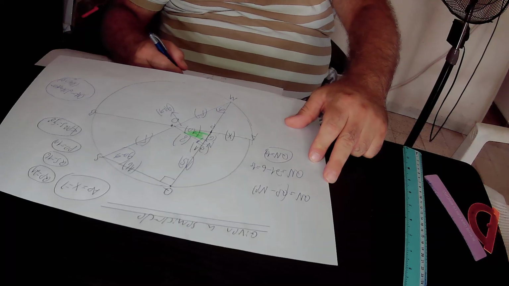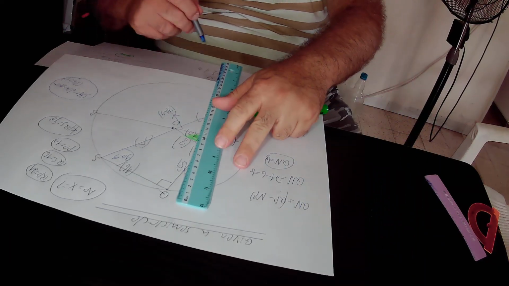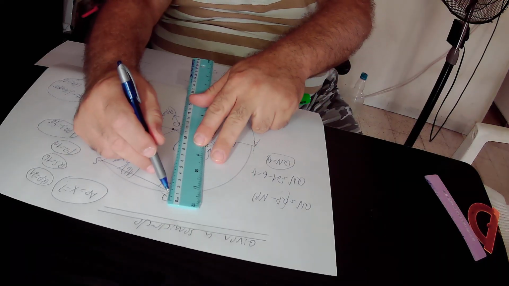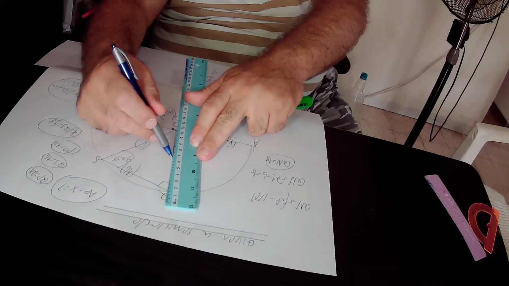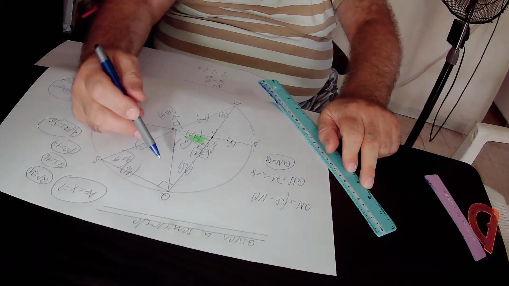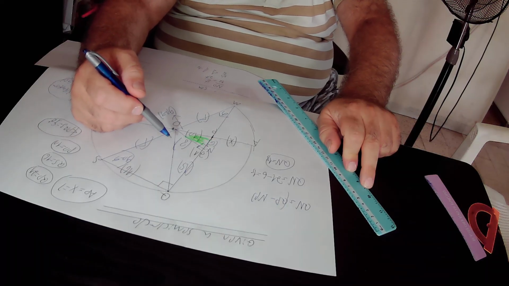In the next step, we join points O and Q together by a straight line. By joining points Q and O, we get the right triangle QNO. So I'll copy triangle QNO in a new equation.